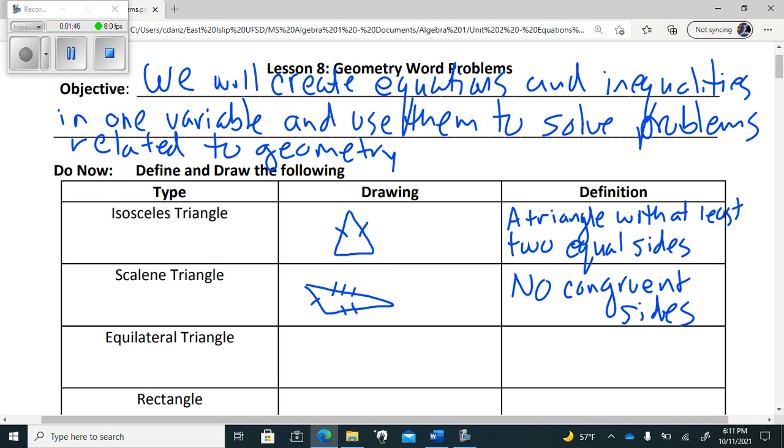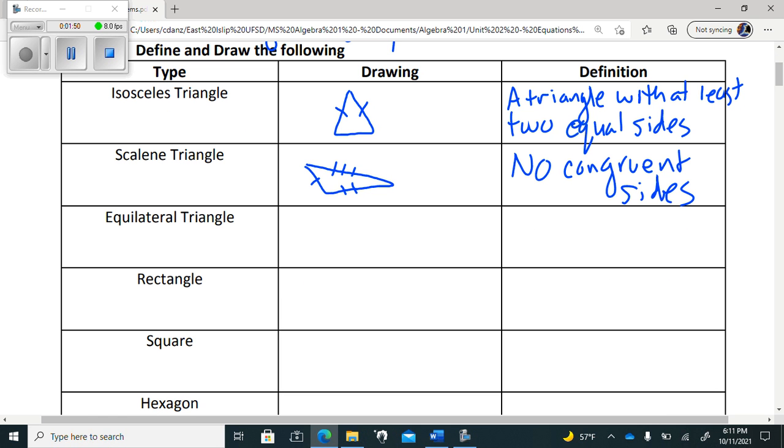An equilateral triangle is a triangle with three congruent sides. Remember, congruent means equal in length.